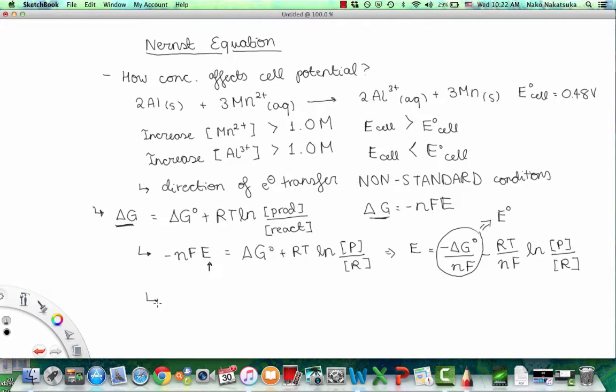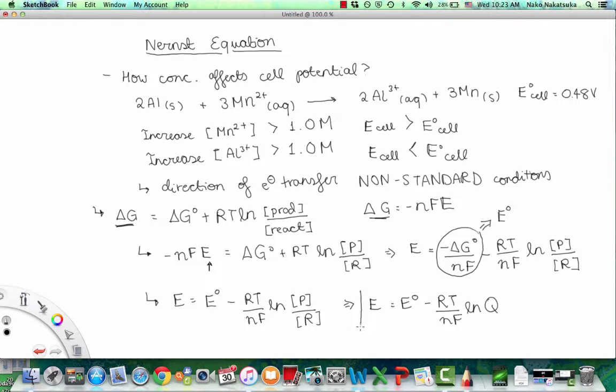So we can write this out as E equals cell potential at standard conditions minus RT over nF, natural log of products over reactants. And so this is the Nernst equation, which is more often seen as E equals E naught minus RT over nF ln Q.